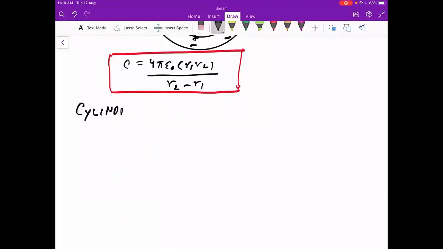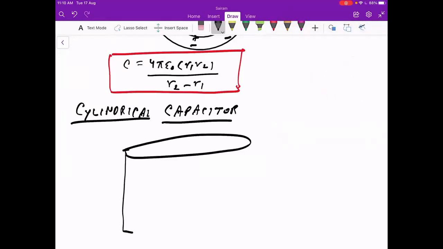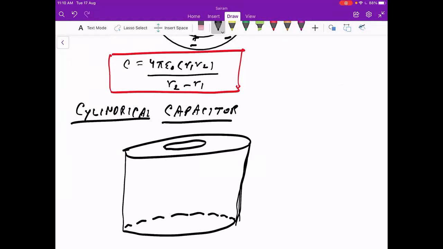Cylindrical capacitor. Same story. Two conducting concentric cylinders, different radii of course, radii being R1 and R2.